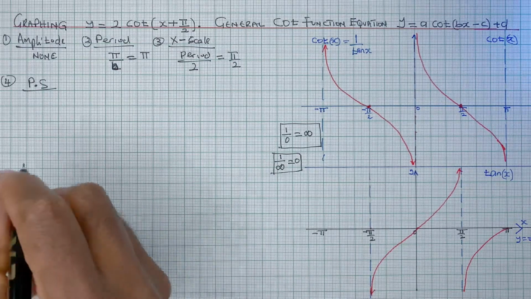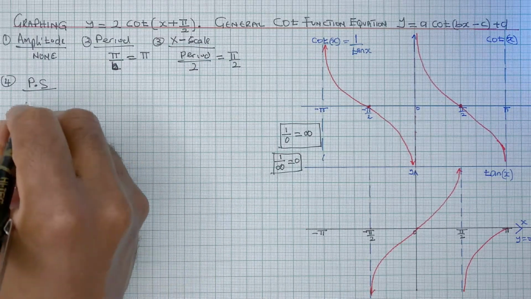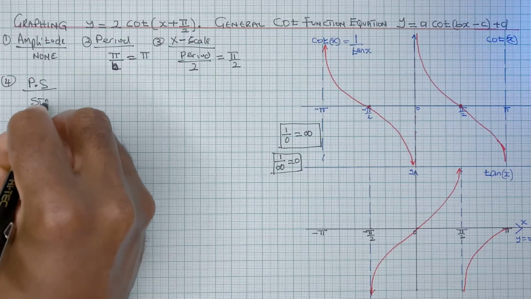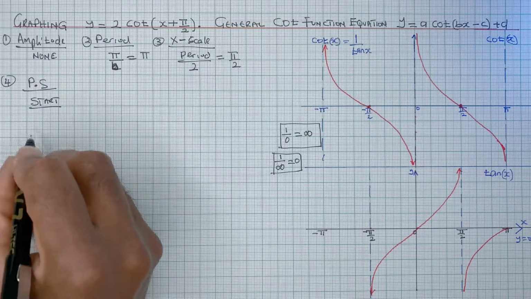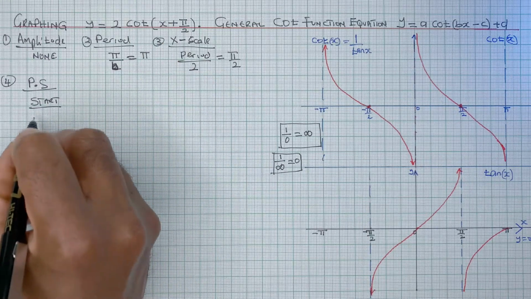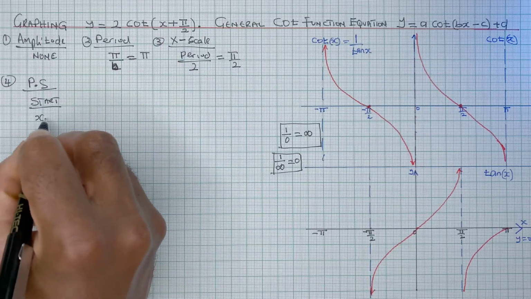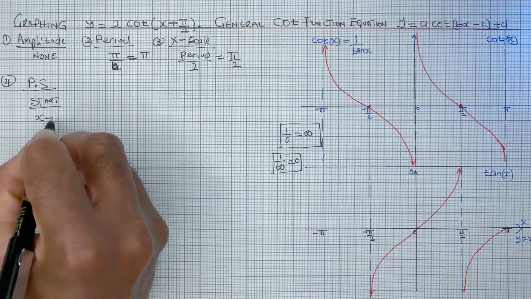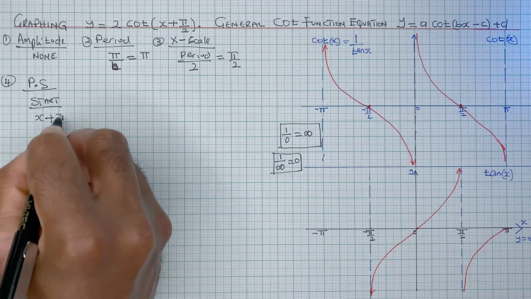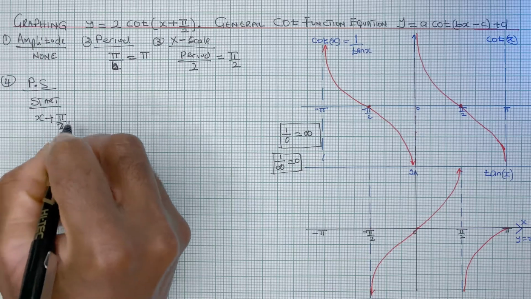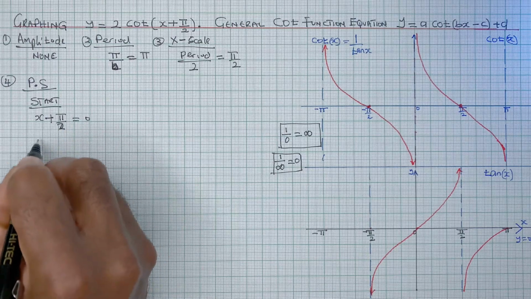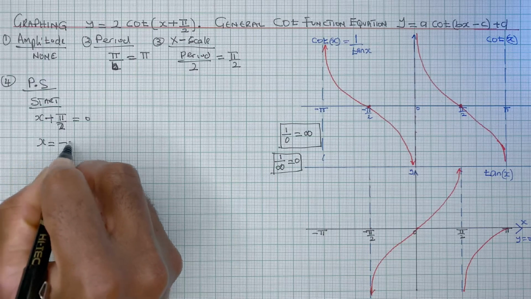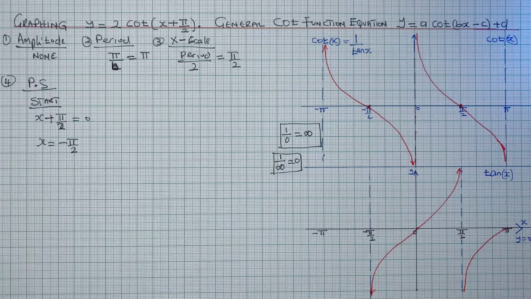Number 4 is phase shift. So phase shift, we look at the start and we set the bracket to 0. At the start, we say x plus pi over 2 equal to 0, and therefore x will be equal to minus pi over 2.